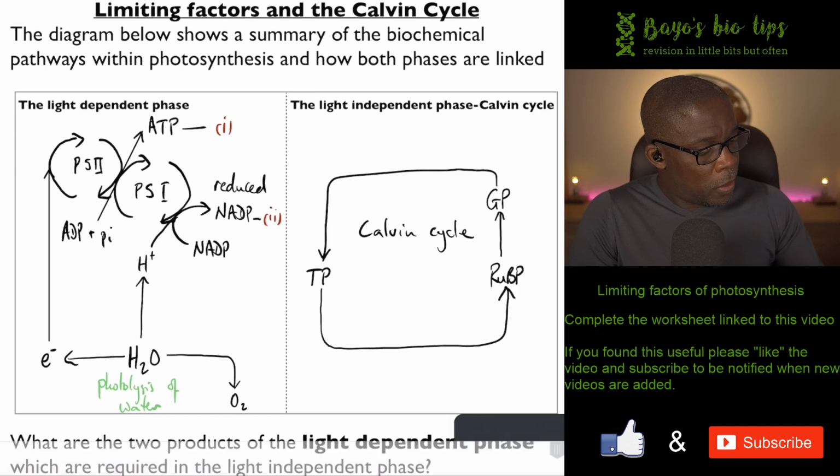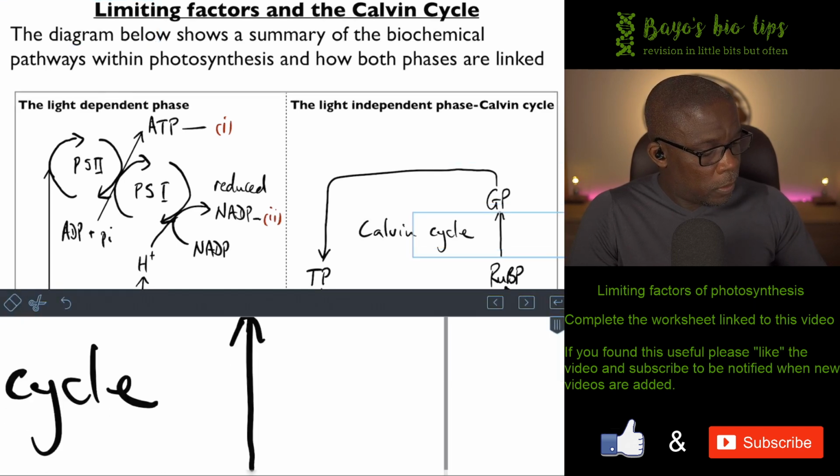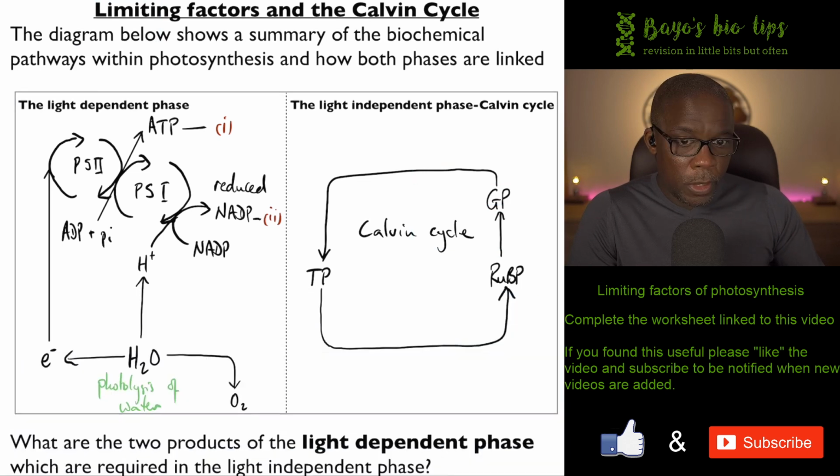In this process, you also need CO2, which comes in here. The reason is that RuBP has 5 carbons and GP has 3 carbons. So we have a shortfall of 1 carbon atom, and that comes from the carbon dioxide. And you need an enzyme called rubisco for this.